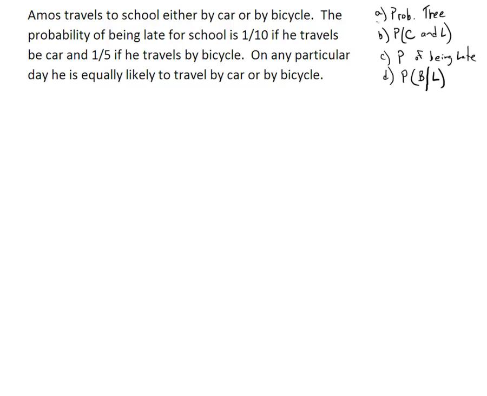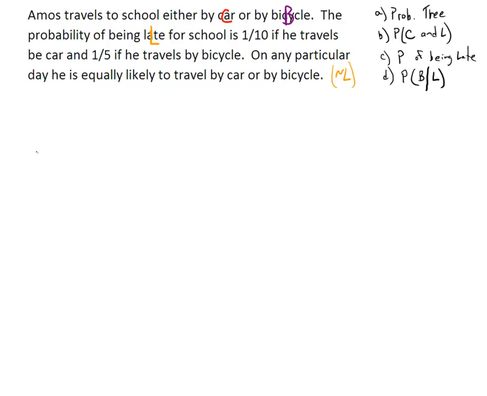So we're going to start though with the probability tree, and we're going to label our events as such. Car is going to be C, bicycle is going to be B, and late will be either late or not late. So of course, not late is not late. All right, so we start our tree.